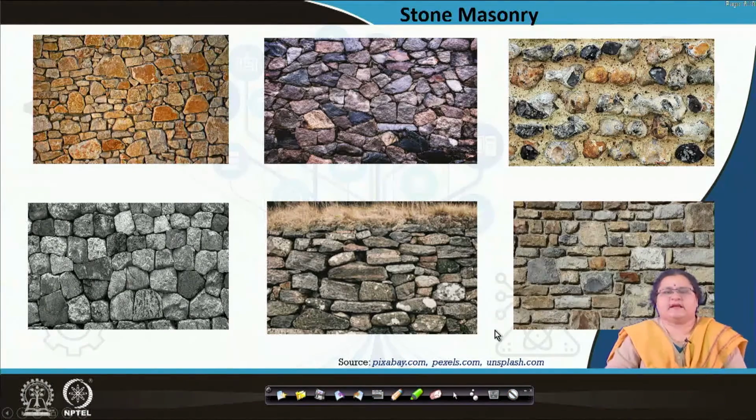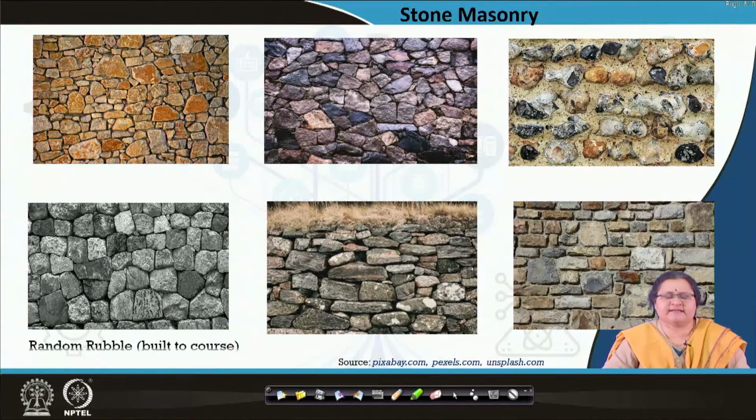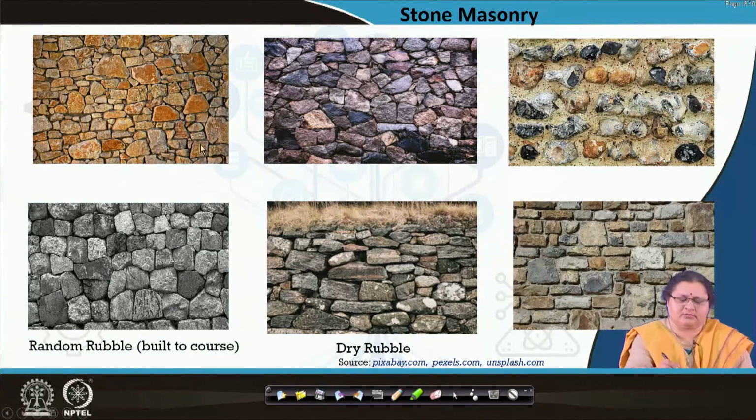Now let us come to the last part, which is the stone masonry. We have gone through the brick masonry and I have demonstrated how to do brick masonry, but it is very difficult to demonstrate stone masonry here. But what do you see in the picture? You see haphazardly arranged stone in this picture.